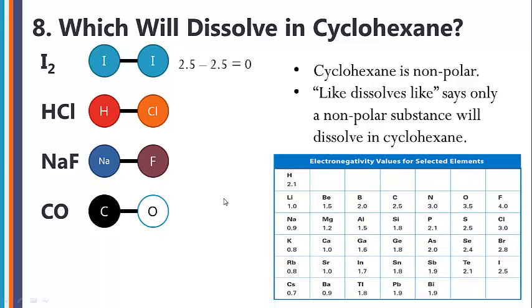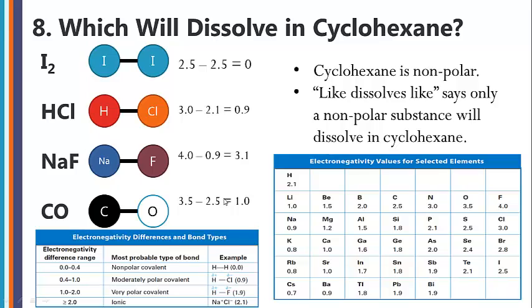Based on my electronegativity difference, hydrochloric acid is polar, so that won't dissolve in cyclohexane. Carbon monoxide is polar, and sodium fluoride is ionic. So those are all polar or ionic, and they won't work. The only thing that will dissolve in the nonpolar cyclohexane is going to be iodine. Because the electronegativity difference is 0, it's nonpolar covalent, and it will dissolve in something else that is nonpolar.